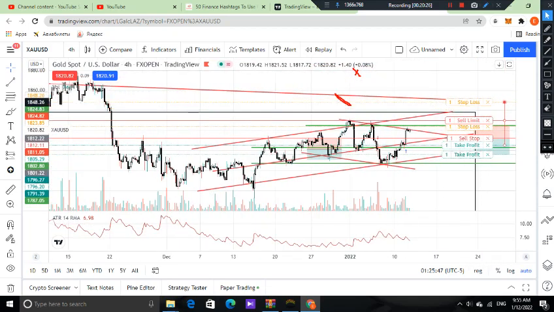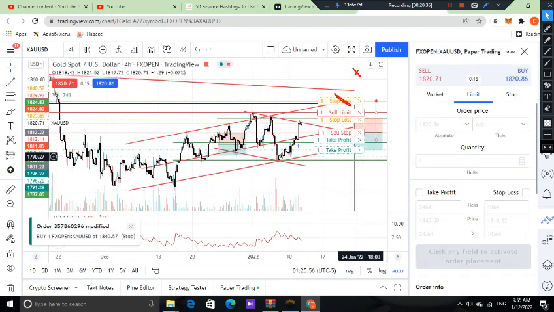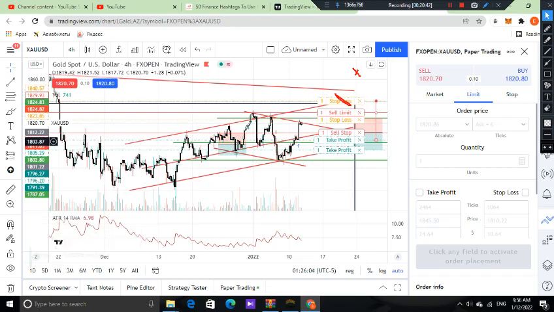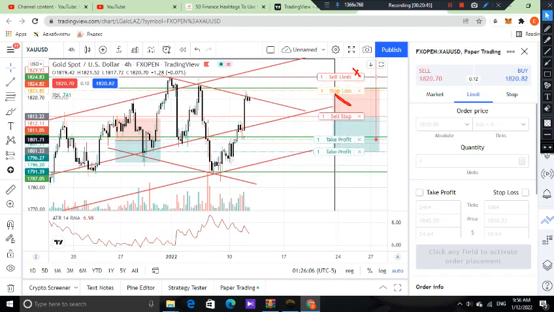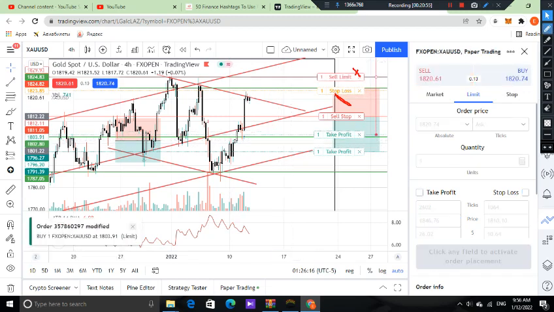I want to put my stop loss above this trading range, and my take profit, it's good if I put it just here, and I think this one has a better risk to reward.